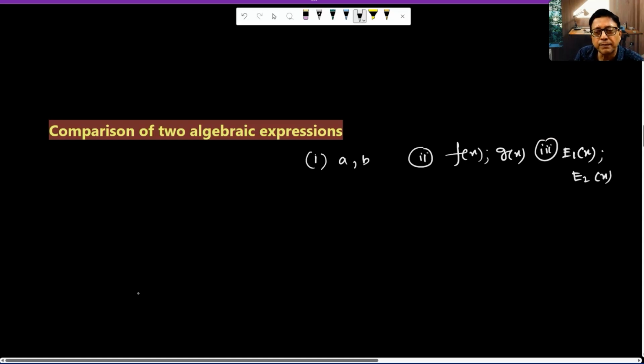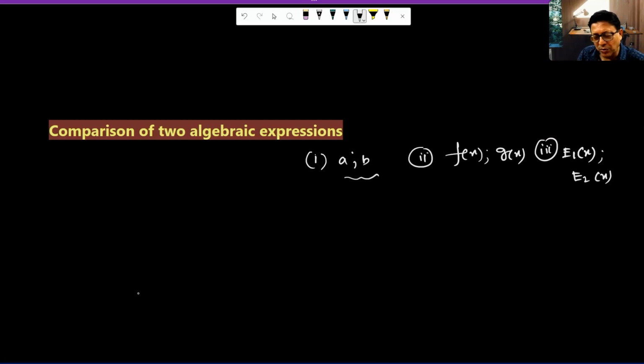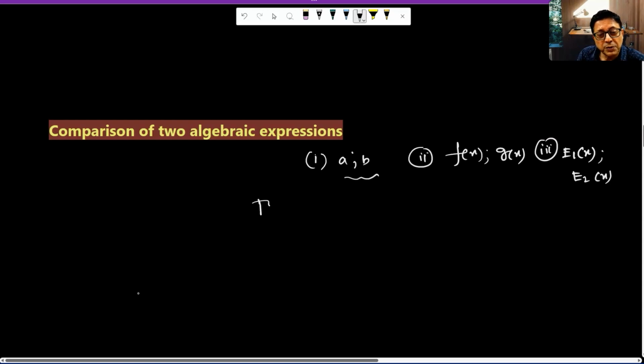If we want to compare two quantities here, only three relations exist: equality, greater than, or less than. I told you, suppose you want to prove that A greater than B, it is enough to prove that A minus B greater than 0.